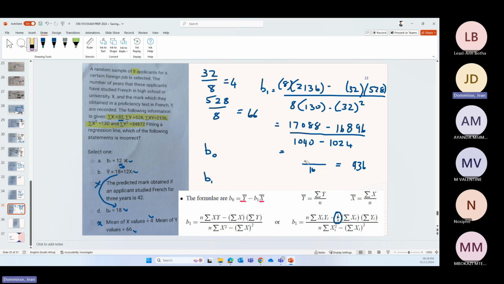So 17088 minus 16896, which is 192. 192 divided by 16 gives me 12, which is correct.